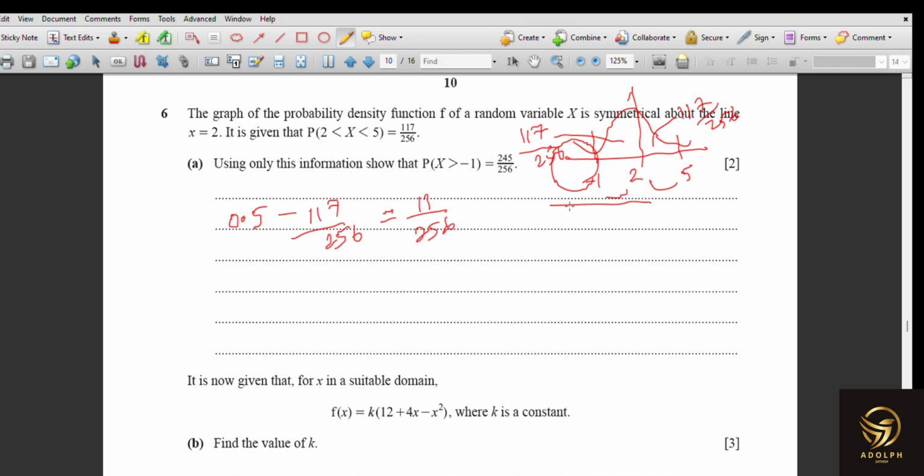But they are asking for greater than negative 1, not less than that. So the probability of x greater than negative 1 is 1 minus 11 by 256, which is 245 by 256. That is what we wanted to prove.